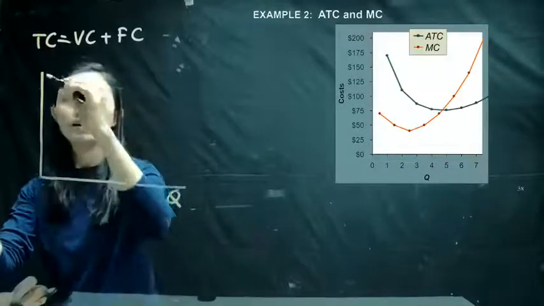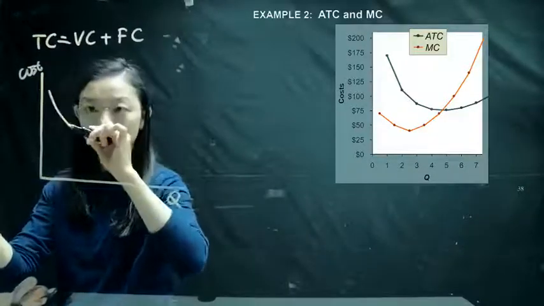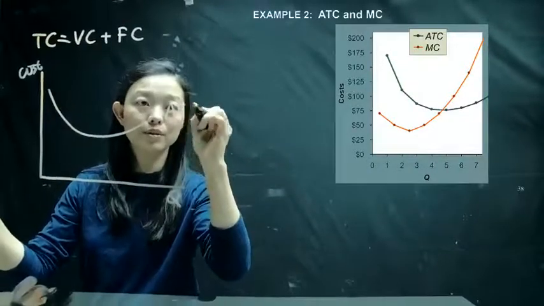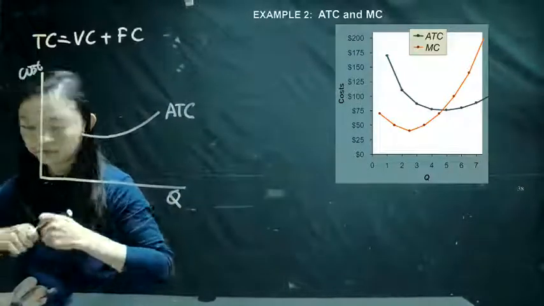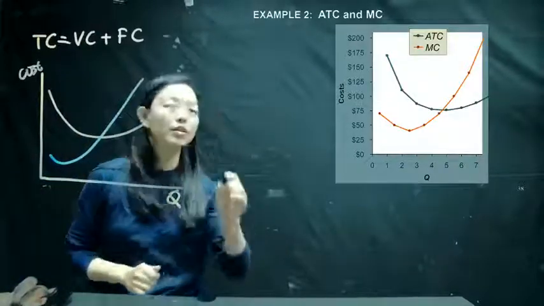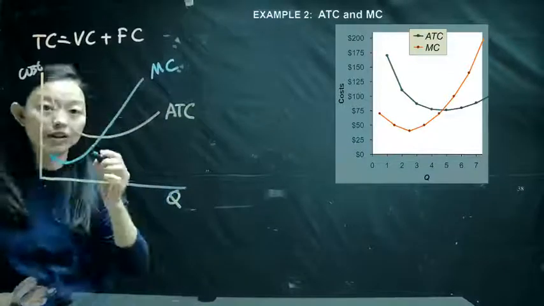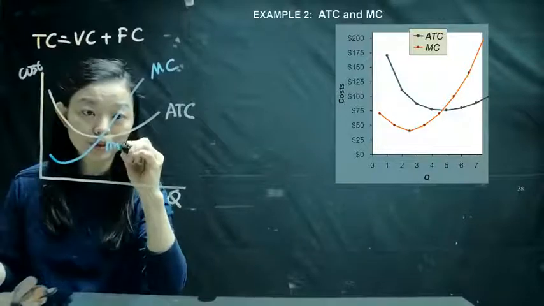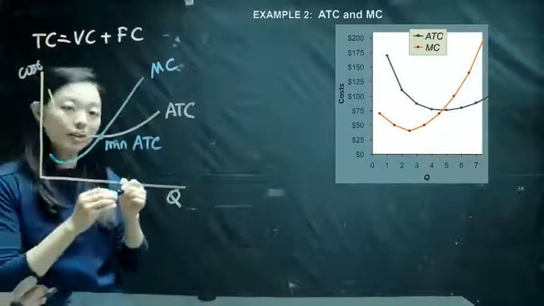This is the quantity, and this should be the cost, the average total cost. This is the marginal cost curve. As far as we know, the marginal cost curve will always intersect at a minimum point, so this will be the minimum point of average total cost.